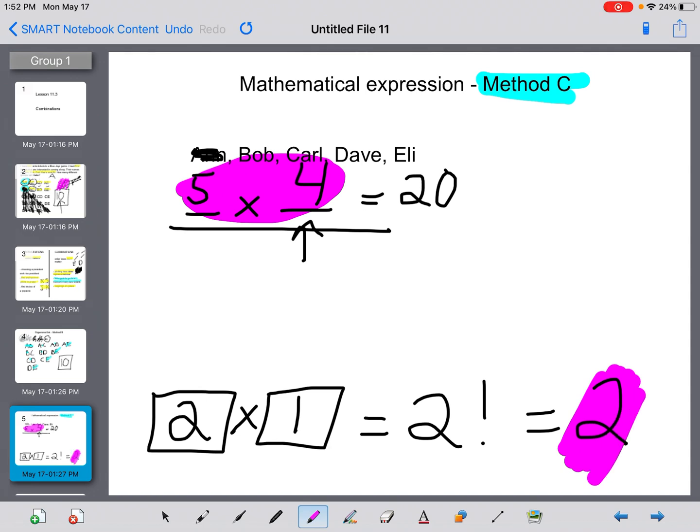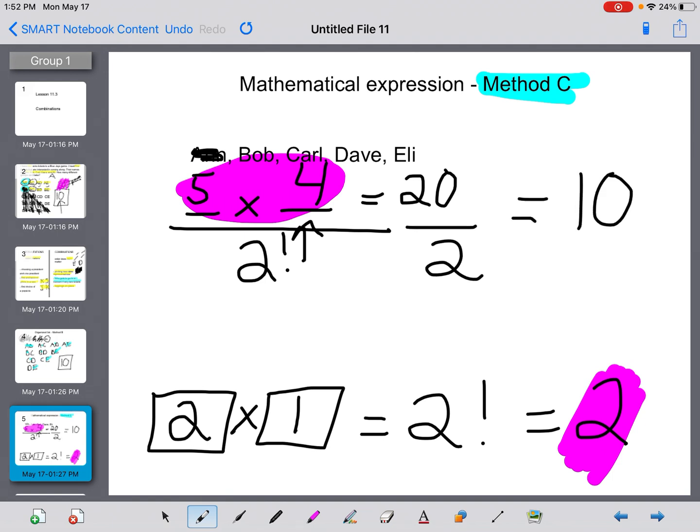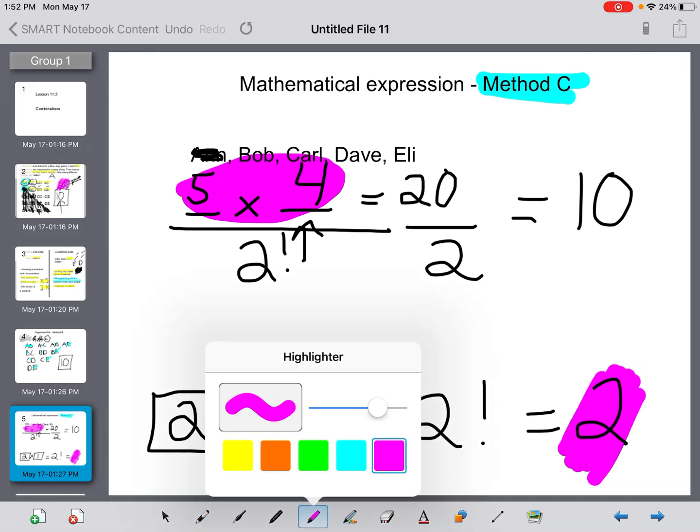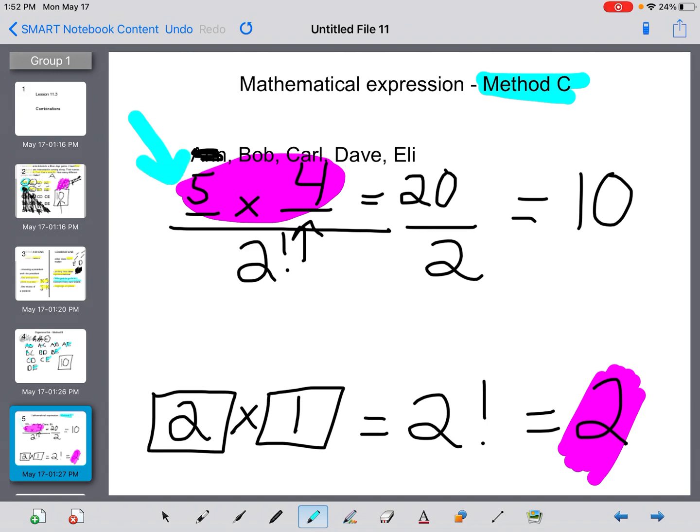So this mathematical expression, I'm going to divide by 2 factorial, which is really just 2, and I'm going to end up with 10. Okay? Another way to think about that, grade 7, is to think you start over here with your permutation, right? I have 2 tickets, so I do 5 times 4. And then I actually divide, ironically, my factorial is always going to be based on how many of those spots I had before. So in this case, 2 spots, so 2 factorial.